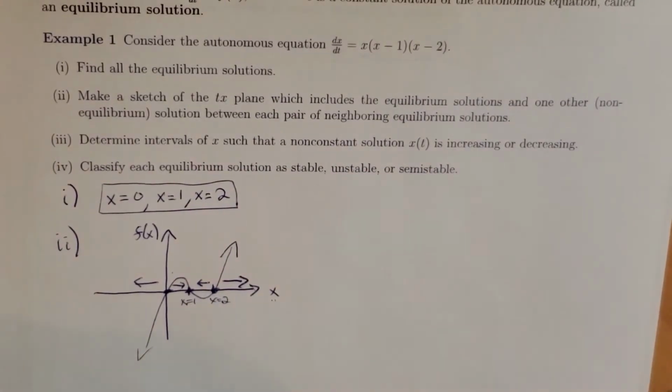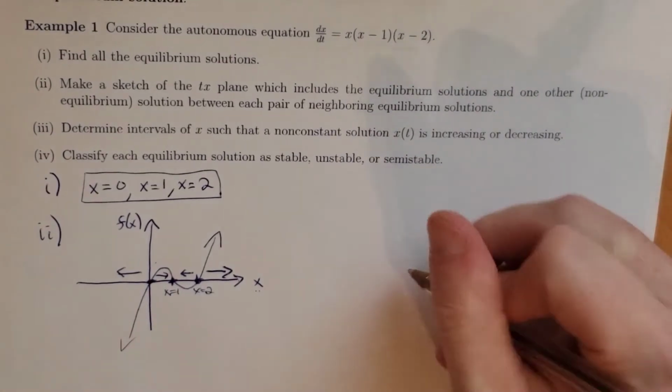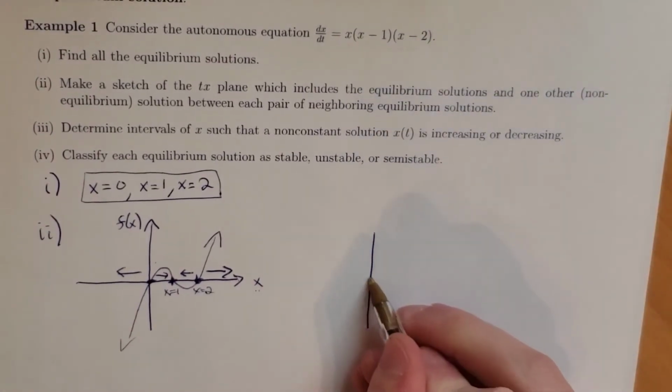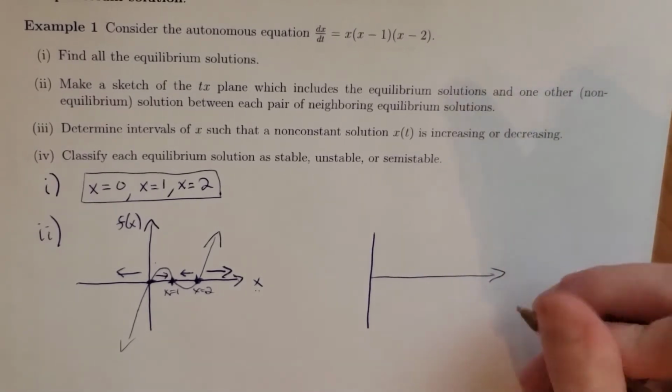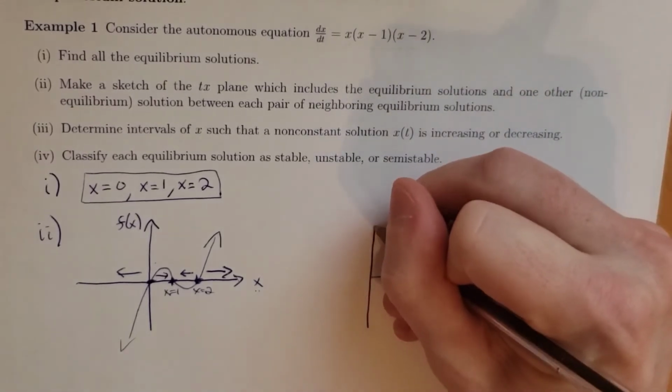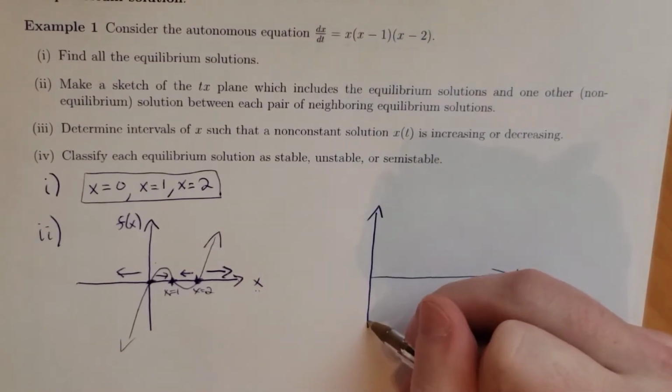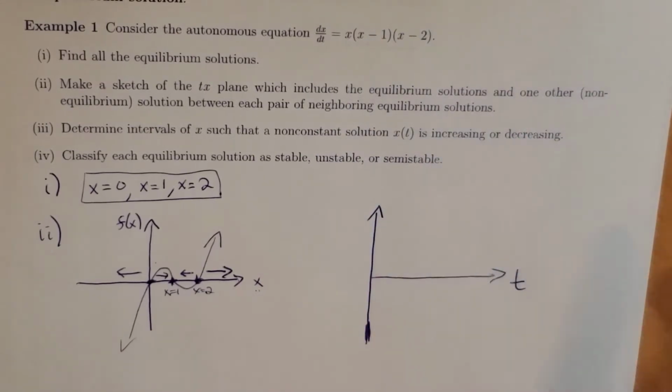Okay, so now what are we going to do with that information? Well, I'm going to come over here and we're going to draw a solution, or draw several solutions in now our tx plane. Now this is truly what we want, right?